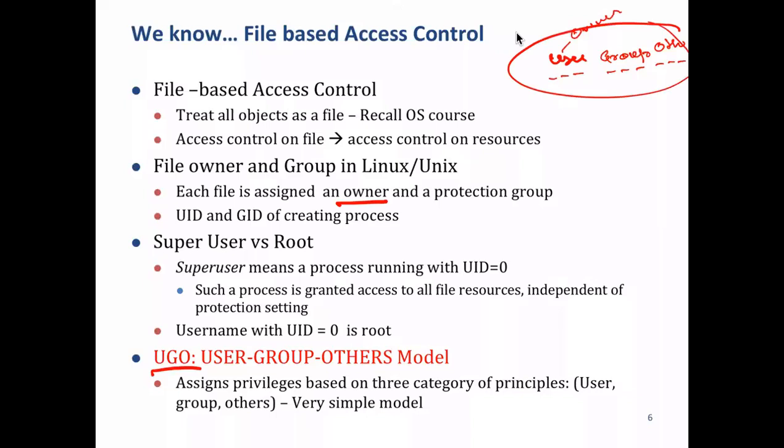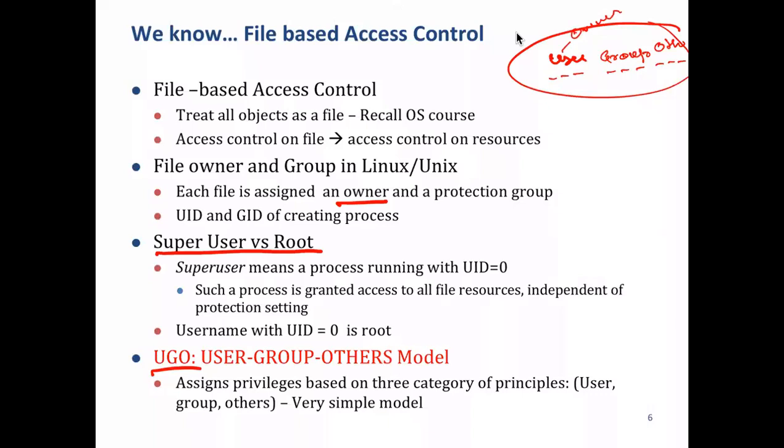Now there might be files which we are not able to read or write. There are a lot of files in the system, right? For example, for files used by the OS to do certain tasks, the owner is root. Now, root is the super user. This means that you as a user can be given super user privileges.